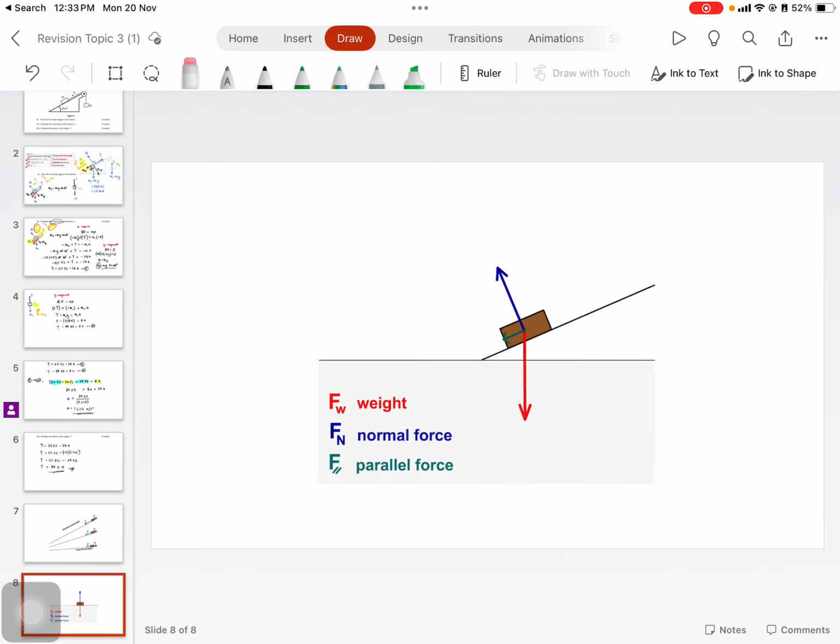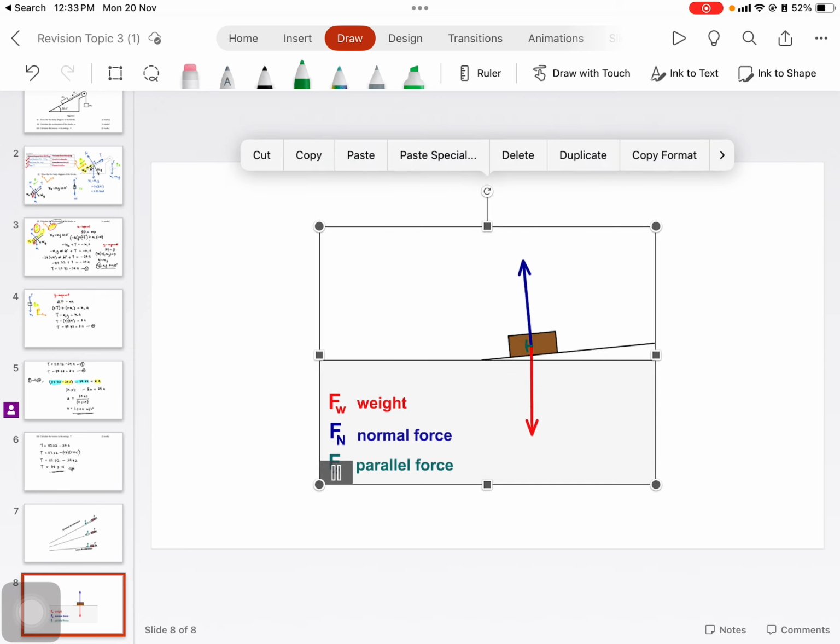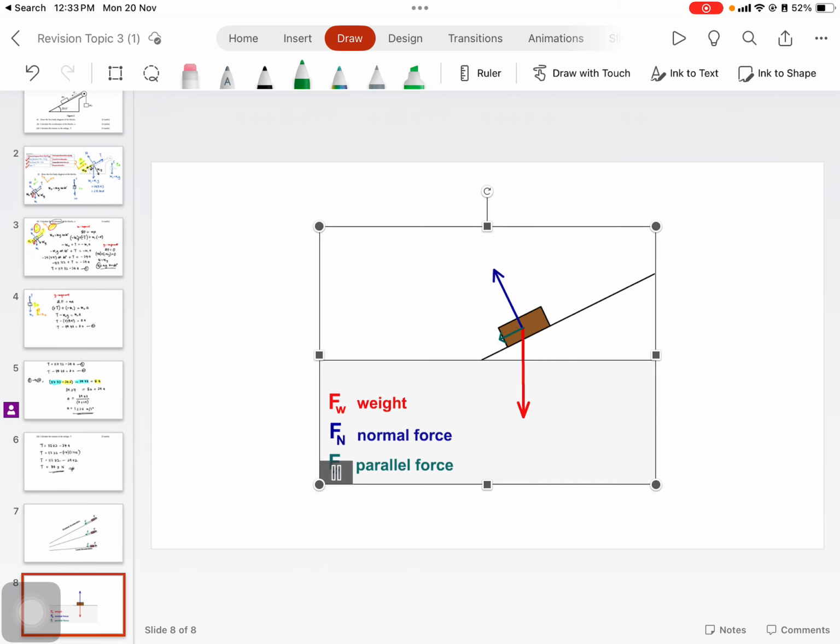If we refer to this diagram, this is also a good animation. Initially, if it is not tilted, it is just on a flat surface, and on a flat surface it doesn't have this green colored arrow.